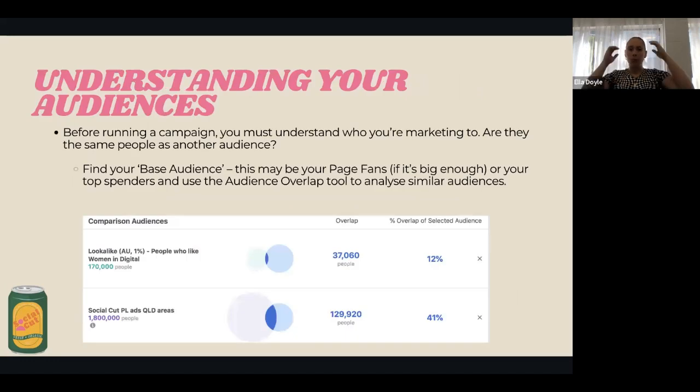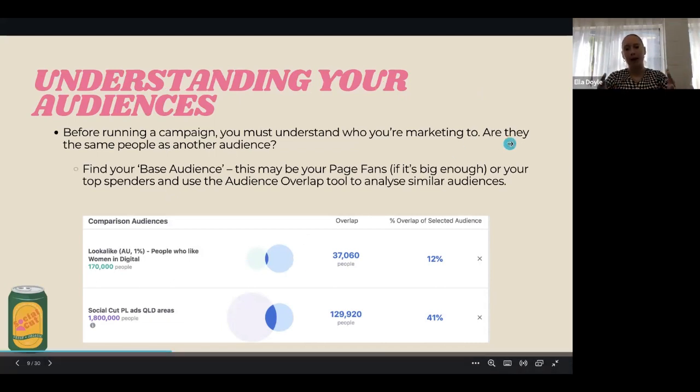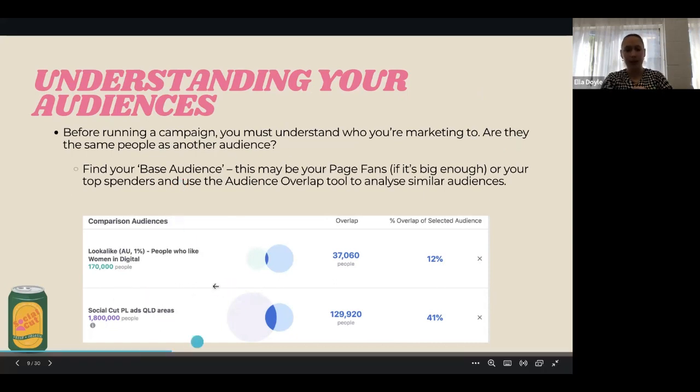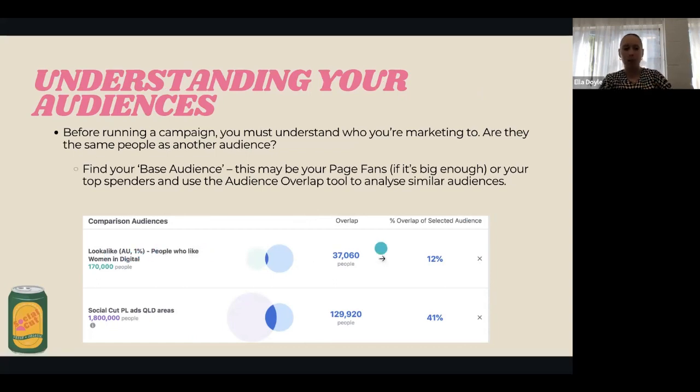One of the things that we do look at, and this is in the audience section of Facebook, so when you're in the back end you can find this, is how much overlap there is. I've just got an example here. We've got a lookalike audience of people who look like a company called Women in Digital.